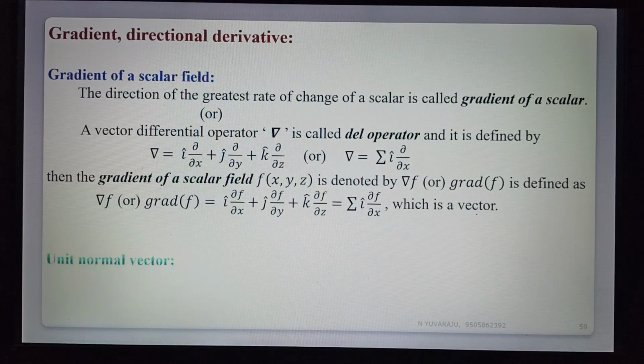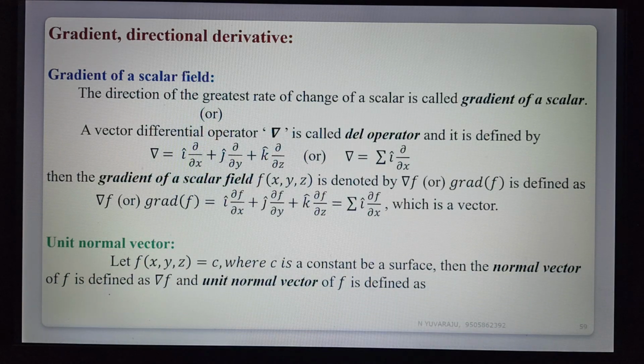The next one is the unit normal vector. Let f of x, y, z equal to c, where c is a constant, be a surface. Then the normal vector of f is defined as del f, which is the gradient of the scalar field.